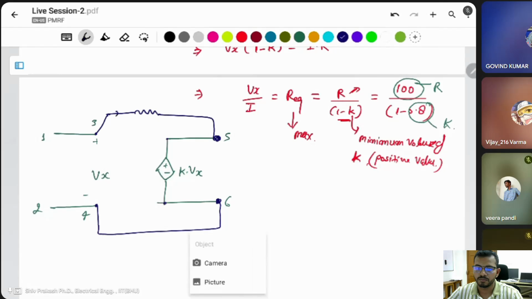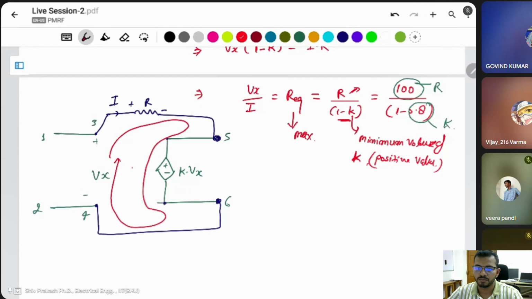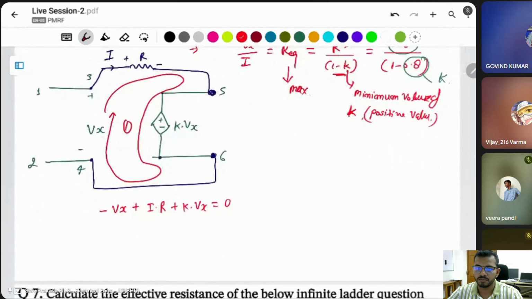You take a current I, then there is this one plus minus, and apply KVL from this loop. In that case, what is the loop? This one is Vx plus I into R plus K into Vx is equal to 0.